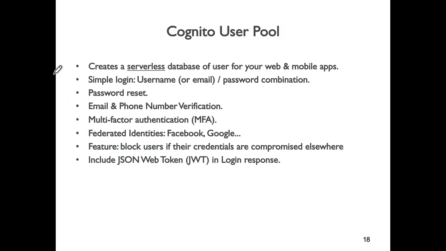So we're only interested in Cognito user pools, a term that I used a few moments ago. You could think of it as a serverless database of your users for either a web application or a mobile application.